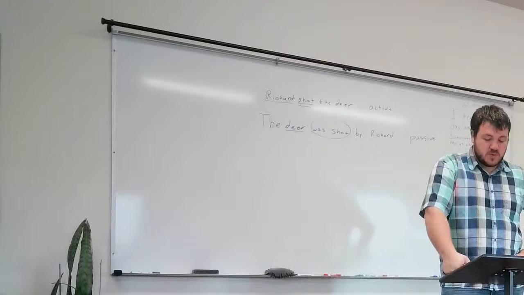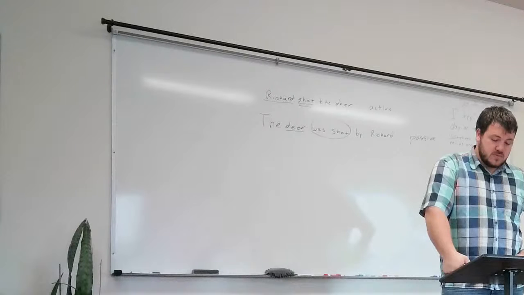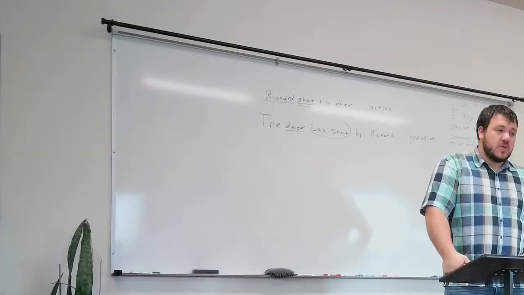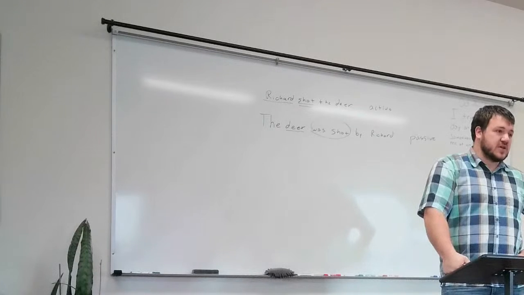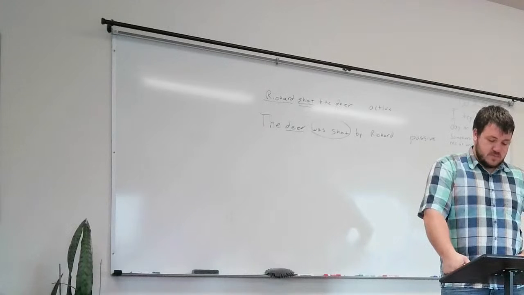So it'd be Falling Water, a house built over a waterfall, was designed by Frank Lloyd Wright. That's correct. You just change it so that the subject is receiving the action here, rather than doing the action.